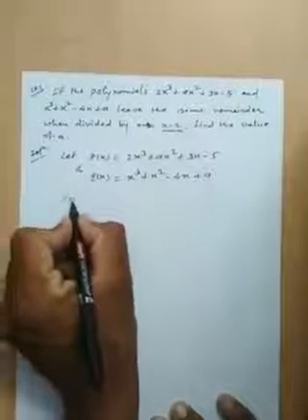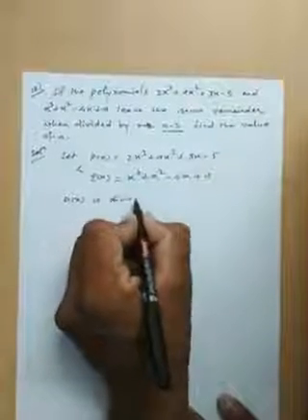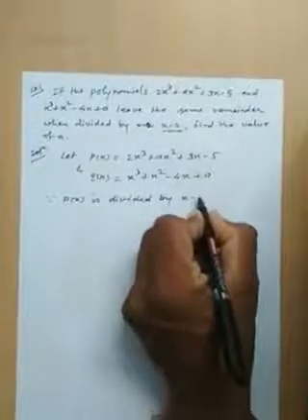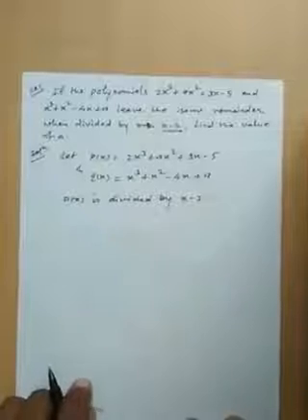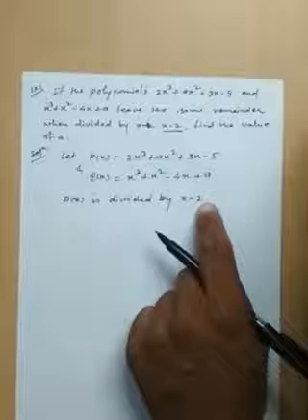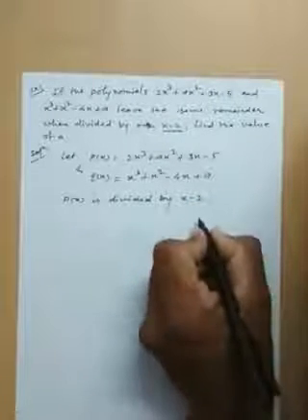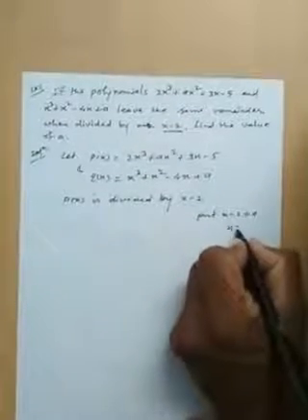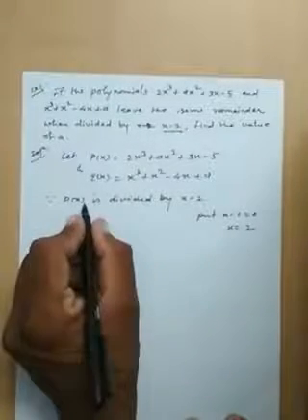If p(x) is divided by x minus 2, here both polynomials are divided by x minus 2, but first of all we will take the one polynomial p(x). p(x) is divided by x minus 2. So first of all find the zero. For finding the zero, put x minus 2 equal to 0, then x equal to 2. x equal to 2 is the zero of this polynomial.